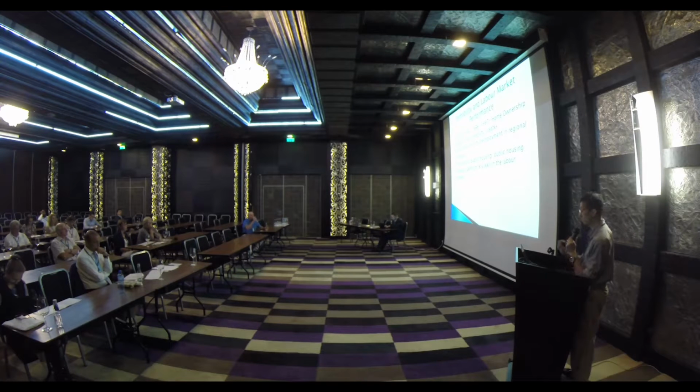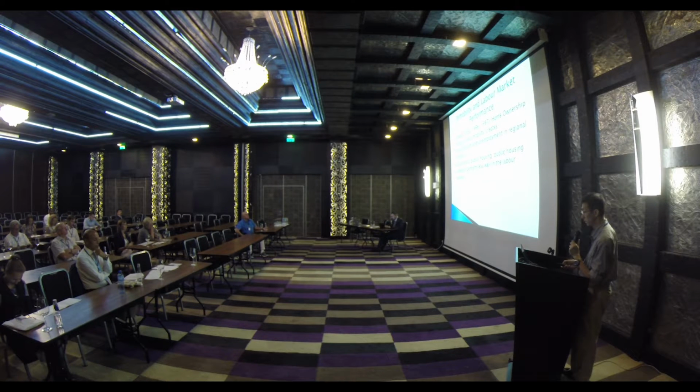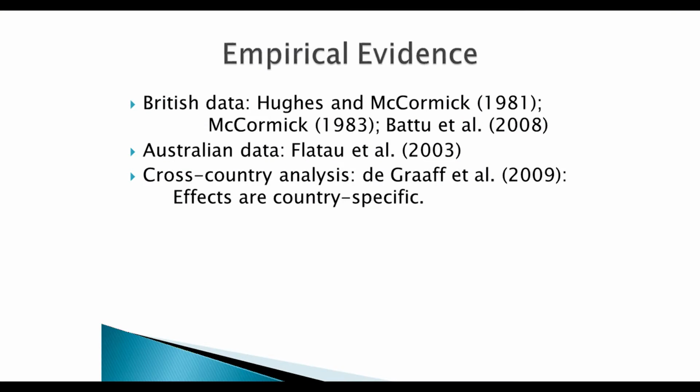He was specifically referring to home ownership, but the same analysis can be applied to public housing, since it also imposes a lot of rigidity and reduces geographic mobility. So the same argument applies: public housing would tend to result in greater rigidity and therefore worse labor market performance. Indeed, this has been checked in a number of empirical analyses.